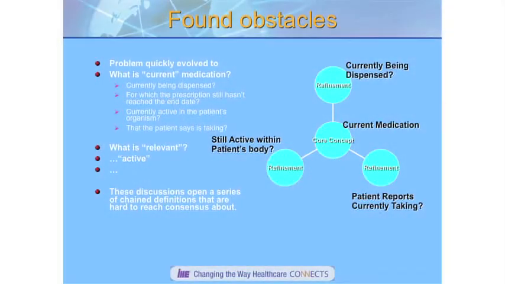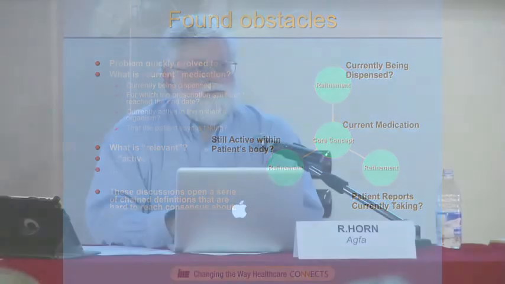And it dug into what is relevant, what is active, and there's an ongoing series of what can we actually determine, and capture that in the medication record so that the people using the record can make the right decision on how to interpret that information.